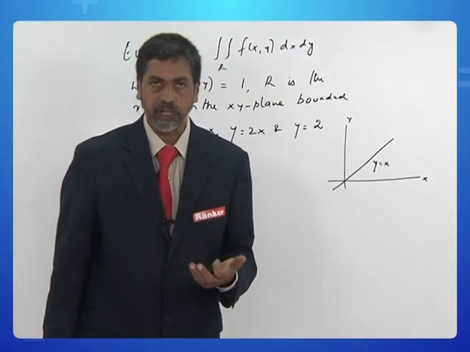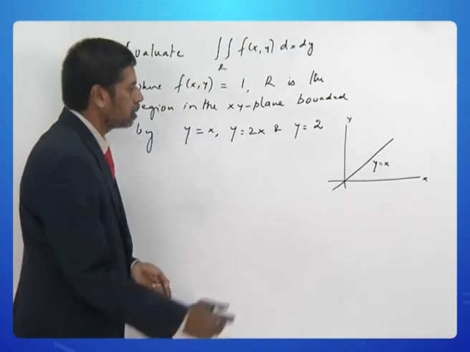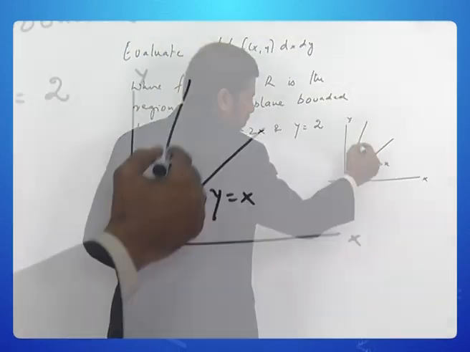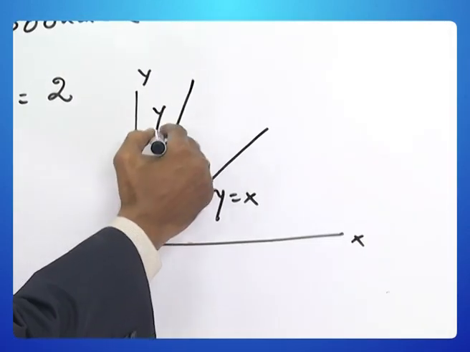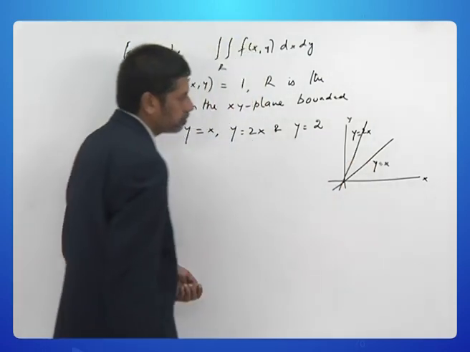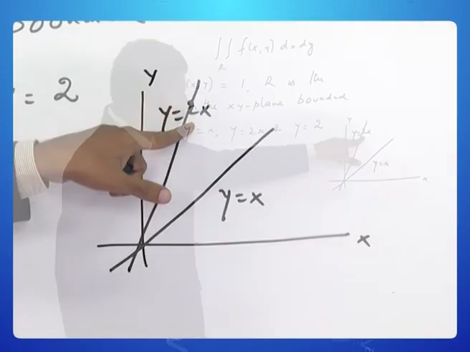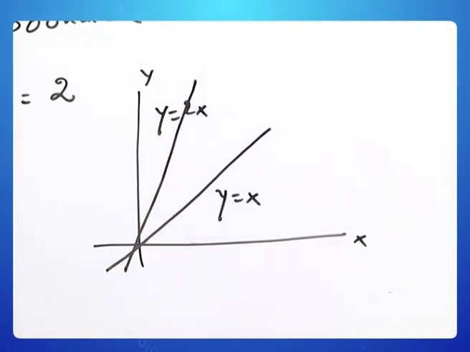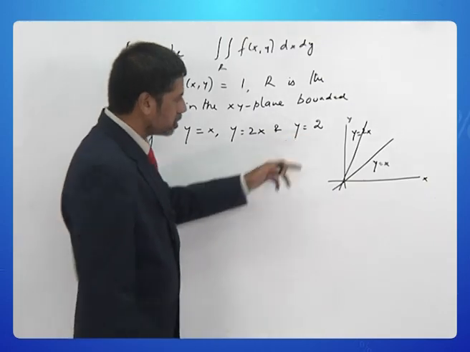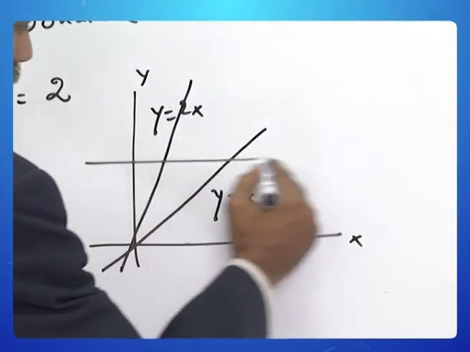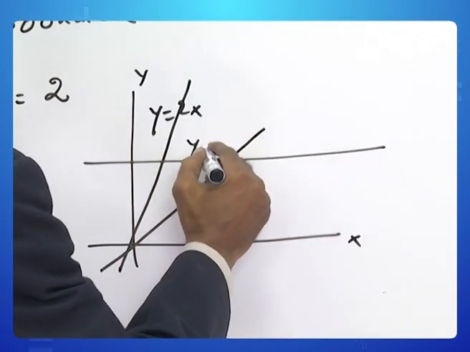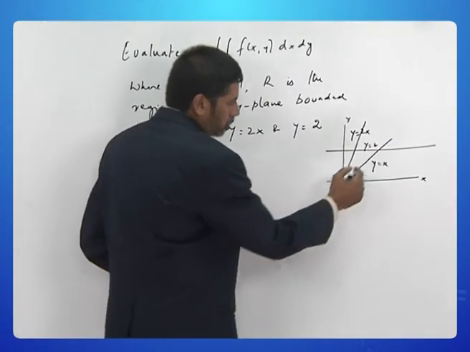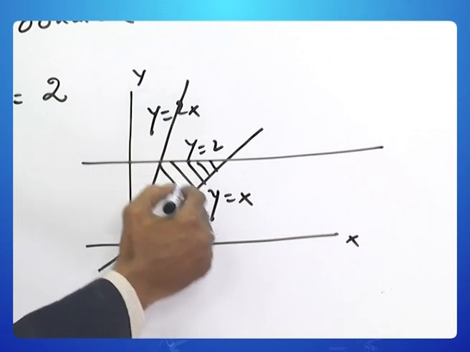Now y is equal to 2x has got higher slope, so it may look like this. So this is y is equal to 2x. Its slope is 2. Naturally, the angle is more than 45 degrees. And then we have got y is equal to 2. Y is equal to 2 is a line parallel to x axis. So this is the region of integration.